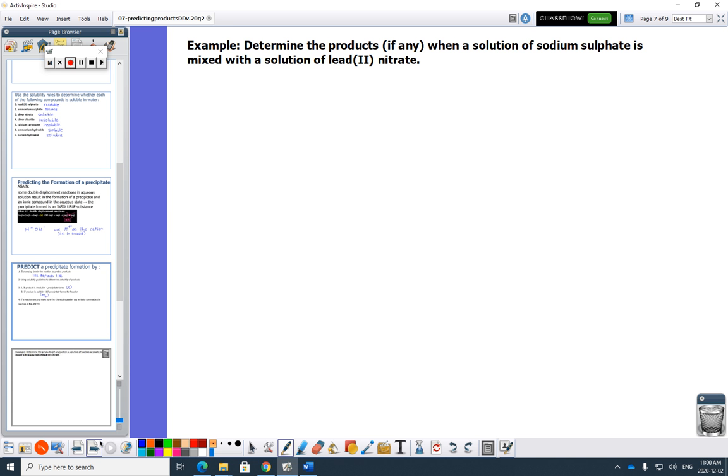Okay, so I think it's helpful to write the word equation first. And it doesn't matter, even the reactants, you can write sodium sulfate first, or you could write lead 2 nitrate first. It doesn't matter. So I wrote it weird like this, the metal on one line and the anion on another, because I don't want to squish, but also because then it's easy to see which ones switch.